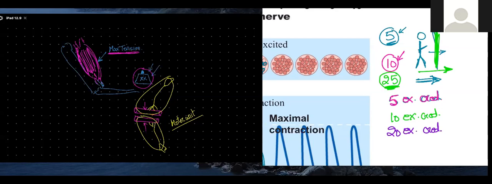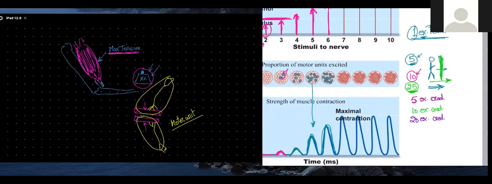All of you are already pushing the wall. All the 25 of you are pushing the wall when I give 10 extra credit points. So I have reached the maximal tension possible to be applied by you. So all of you have been activated at 10.